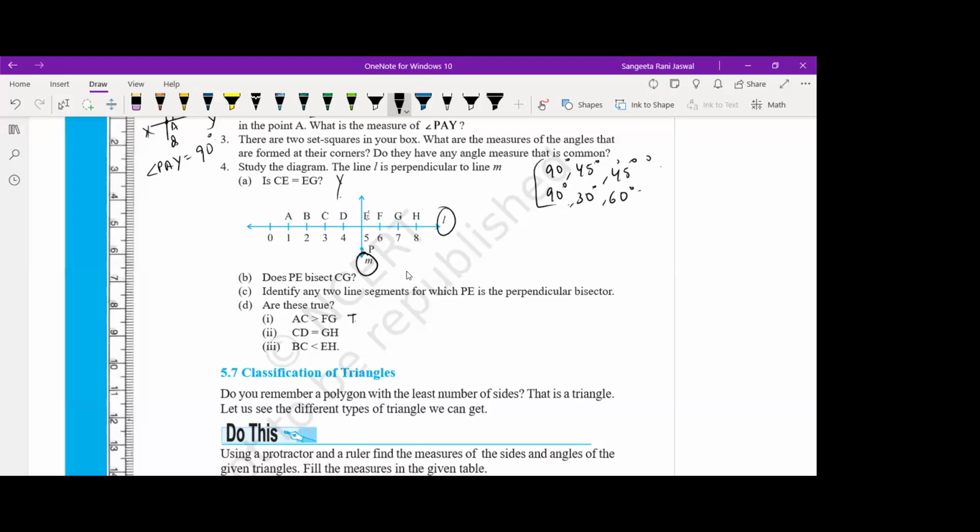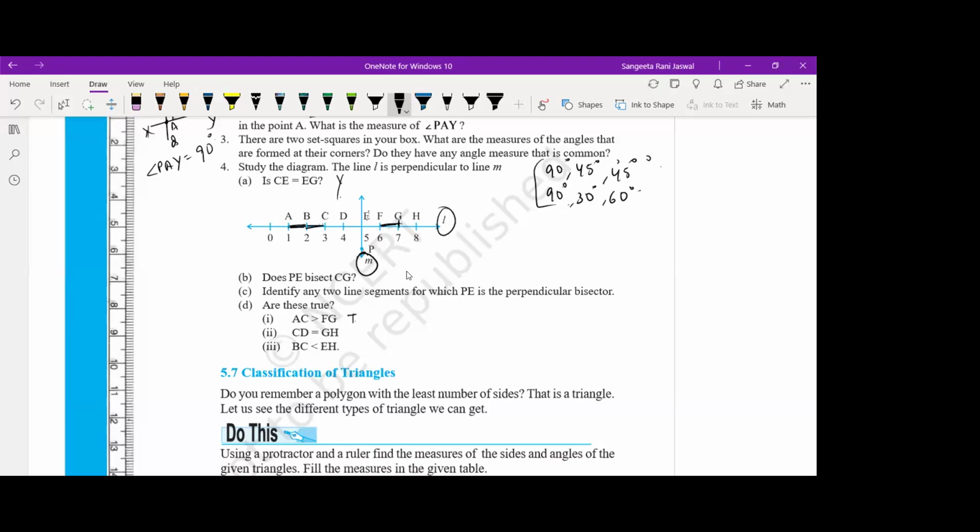Yes. So 1, 2, 3 means it's 2 units, no? Okay, you can take it even centimeters. See, this is 1 centimeter, this is another centimeter. So in total, it is 2 centimeters. And this is just 1 unit from 6 to 7. That means 1 centimeter. Right? So this is 2 centimeters, this is 1 centimeter.